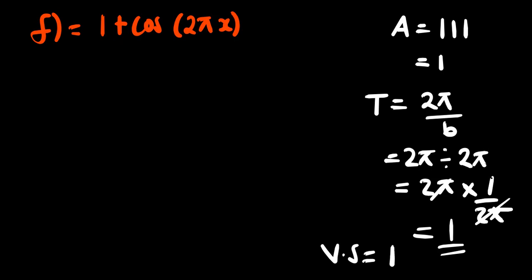Now, to find the actual amplitude of the graph, because we've shifted the graph by 1 unit, to the amplitude we're going to add 1, and from the amplitude we're going to subtract 1. So 1 plus 1, to find the upper limit, we're going to have a 2. If we say 1 minus 1, to find the lower limit we're going to have a 0. So our graph is going to be alternating between 2 and 0.